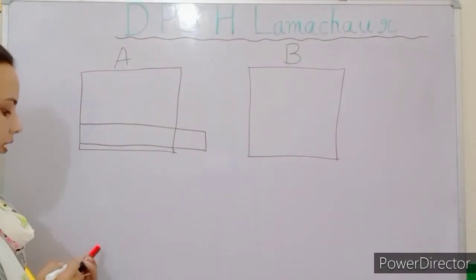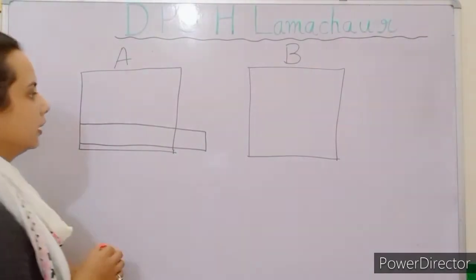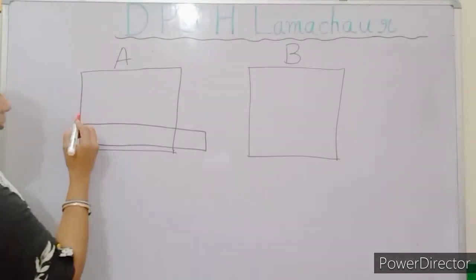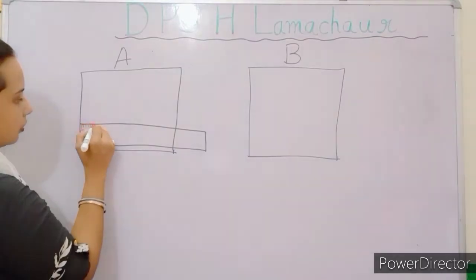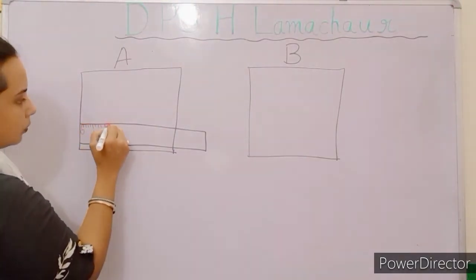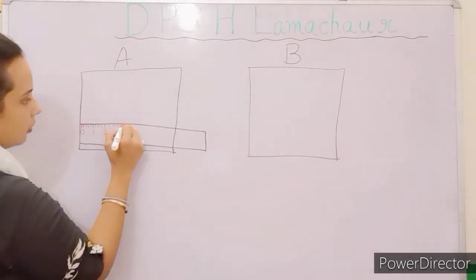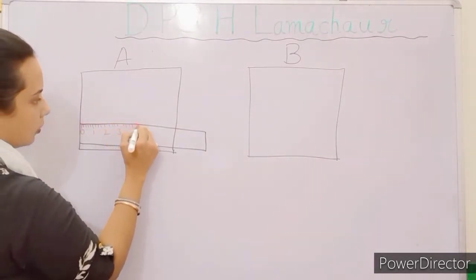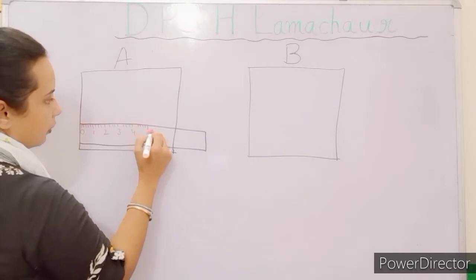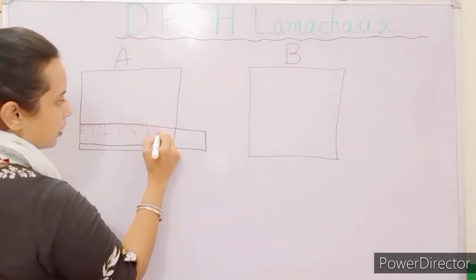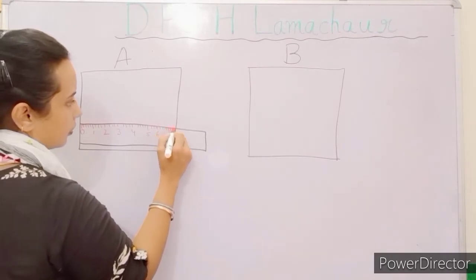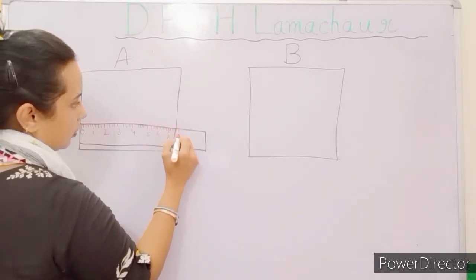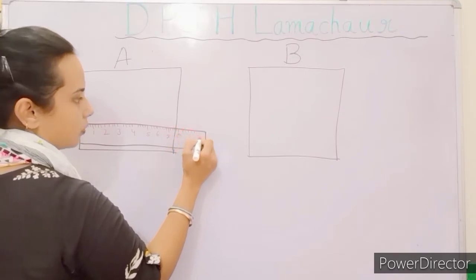And we marked it as 0, then 1, then 2, 3, 4, 5, 6, 7, 8 and so on like this.